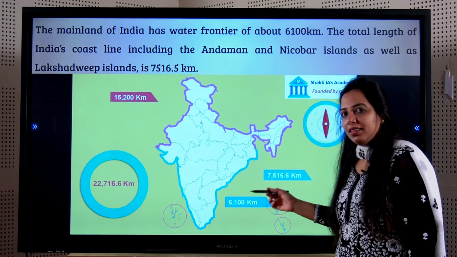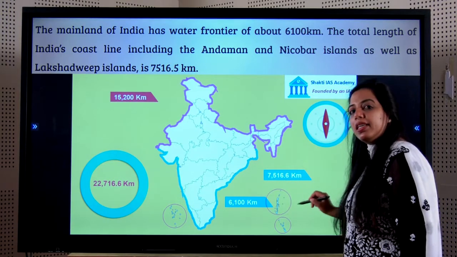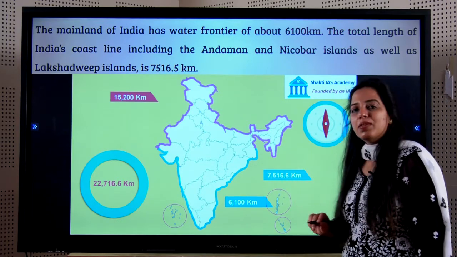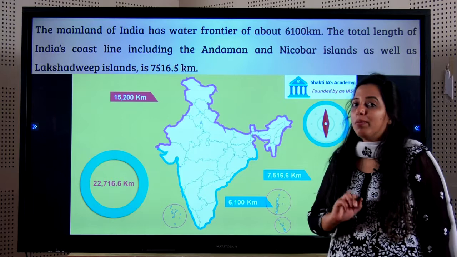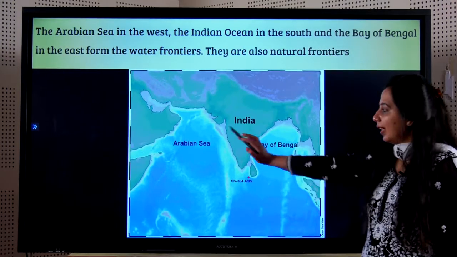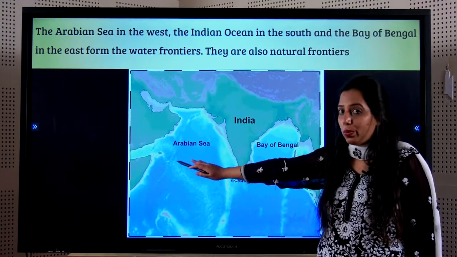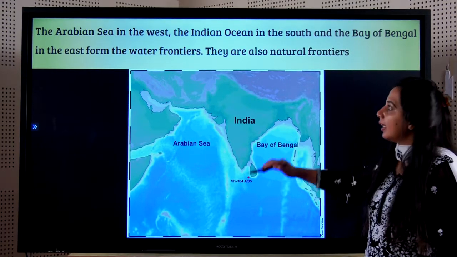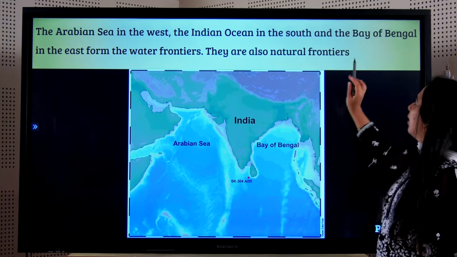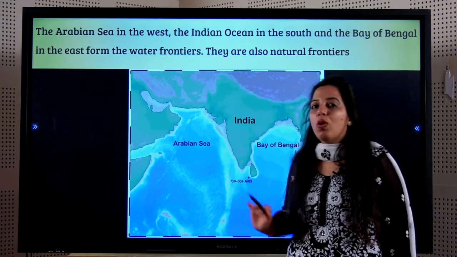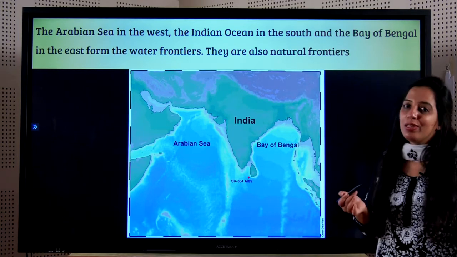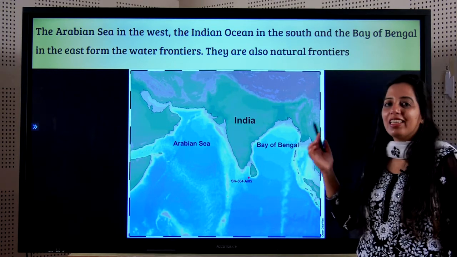When we add the boundary of Andaman and Nicobar Islands as well, then the total comes to 7,516.6 kilometers. The Arabian Sea in the west, the Bay of Bengal in the east, and the Indian Ocean in the south are the water frontiers of India. They are also natural frontiers just like the Himalayas.